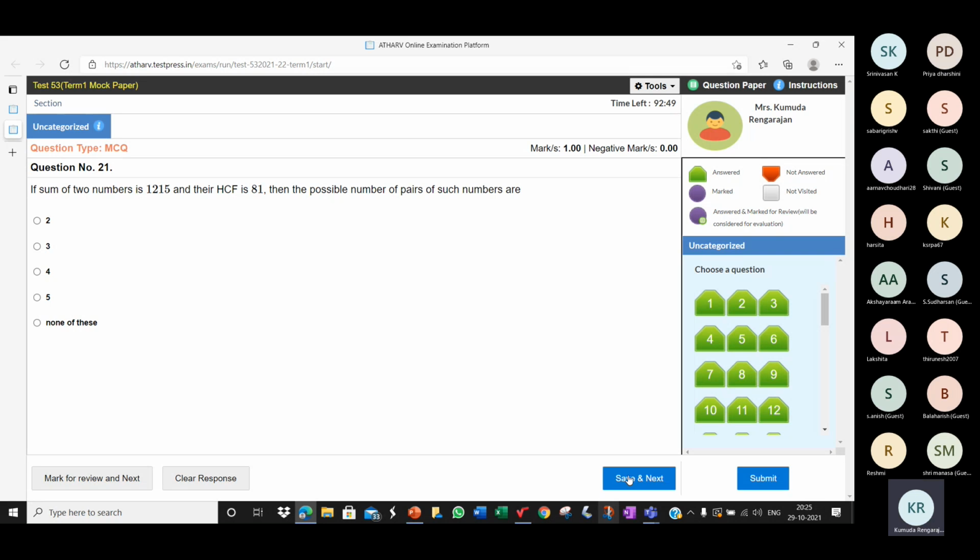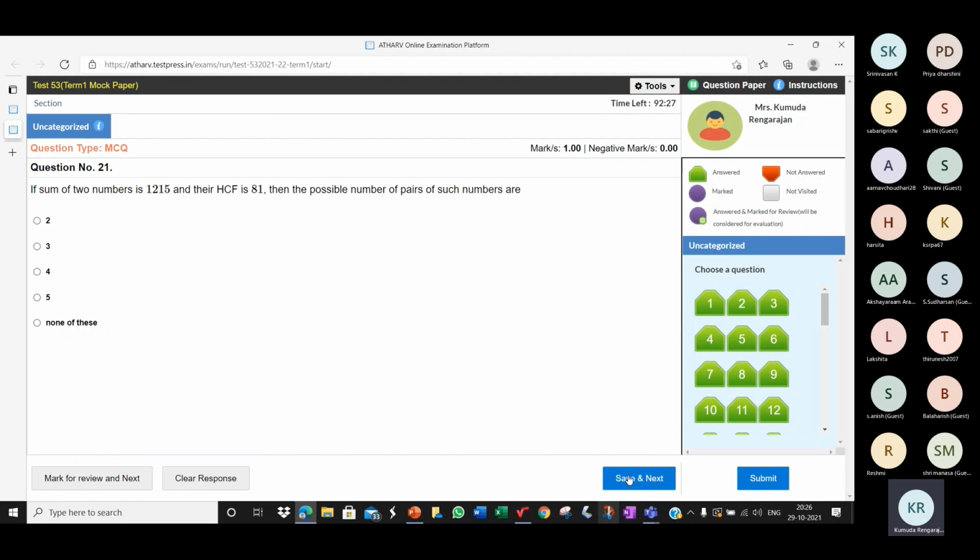So what are the values of x and y? 7 and 11. 7 and 11 are co-prime. So the numbers x and y will always be co-prime, meaning their HCF will be 1. They will not have anything in common.